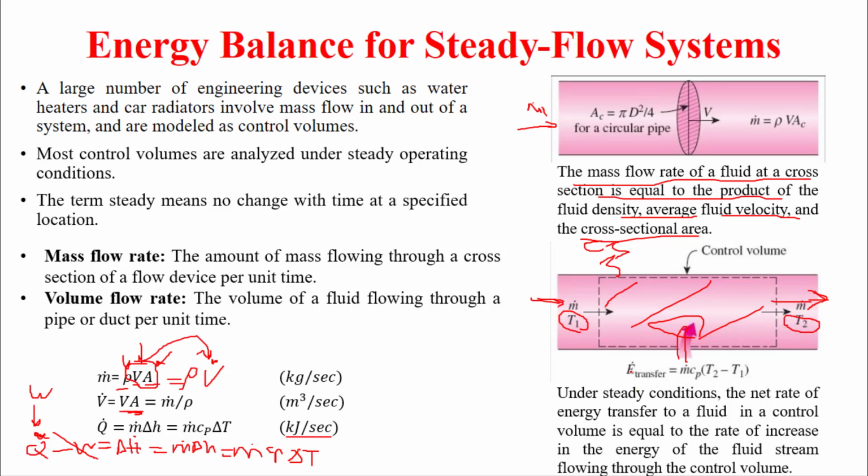So the amount of energy transfer is equal to Q dot. Under steady condition, of course, we'll use this assumption a lot, the net rate of energy transfer to a fluid in a control volume is equal to the rate of increase in the energy of the fluid stream flowing through the control volume, which is this part.